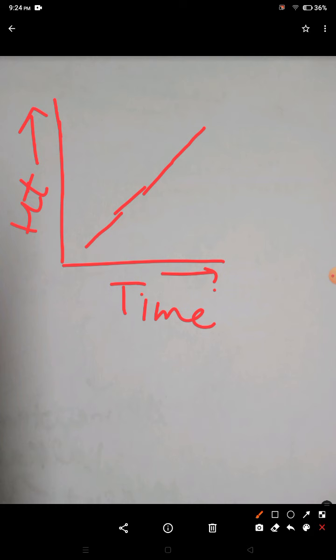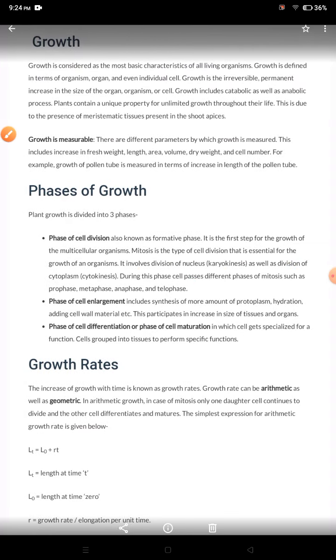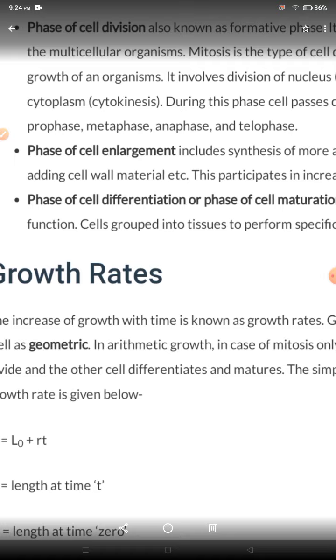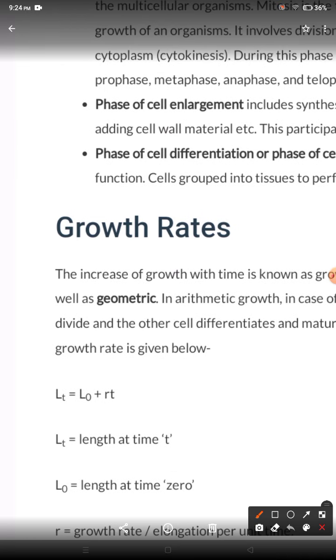The simple mathematical expression given for arithmetic growth is Lt = L0 + rt. L represents the length.